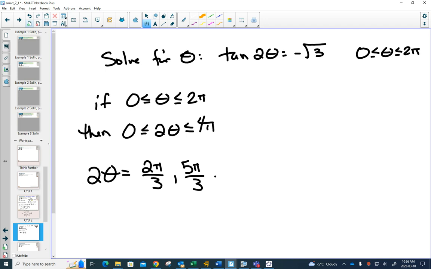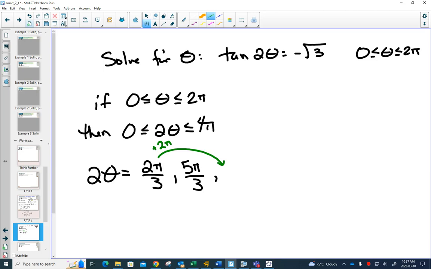Now we have to do the second time around the circle. If you went all the way around the circle once, and then ended at 2 pi over 3 again, what would that angle be? So what we're imagining is we are finding what is coterminal with 2 pi over 3. That would be like adding 2 pi.